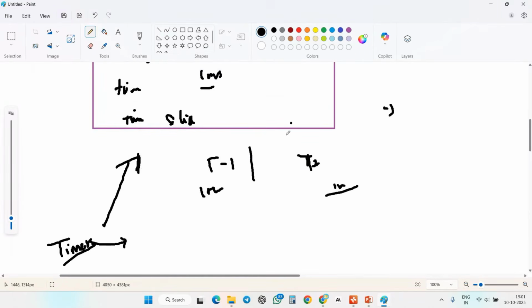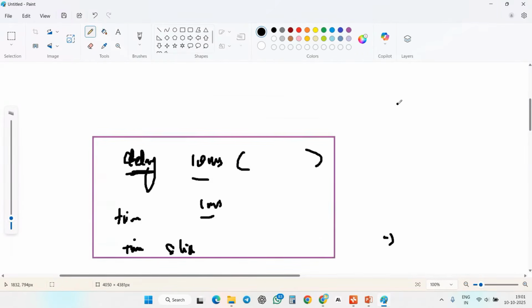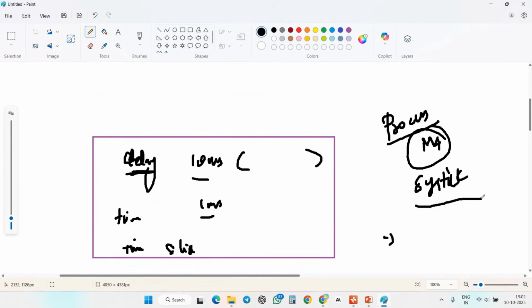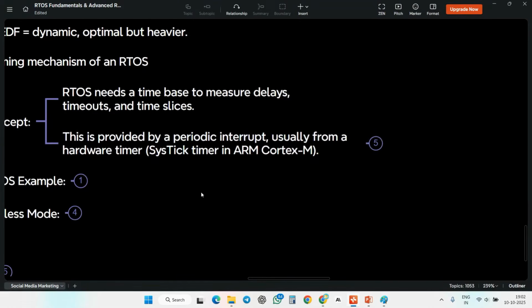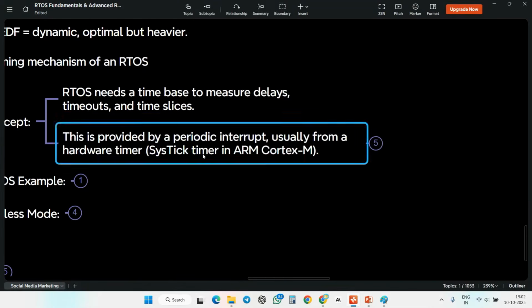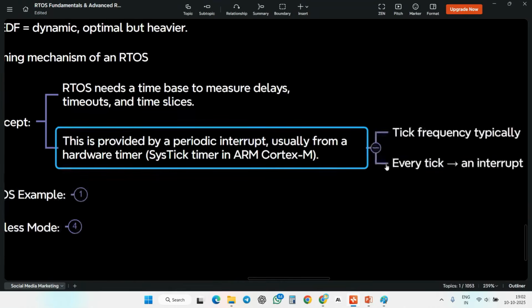If you are using an ARM Cortex, inside the ARM Cortex-M4 processor there is a special system timer. It varies from microcontroller to microcontroller, but currently we are looking at the ARM Cortex as an example. It has a special SysTick timer in it.